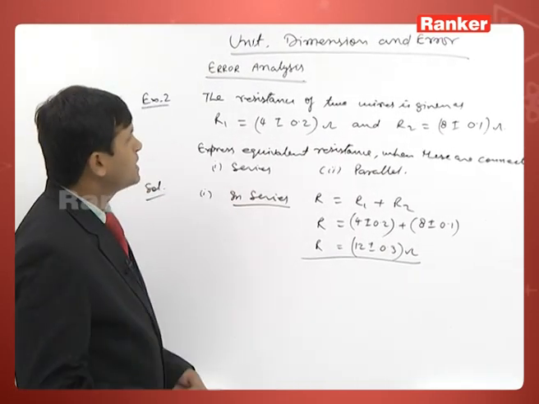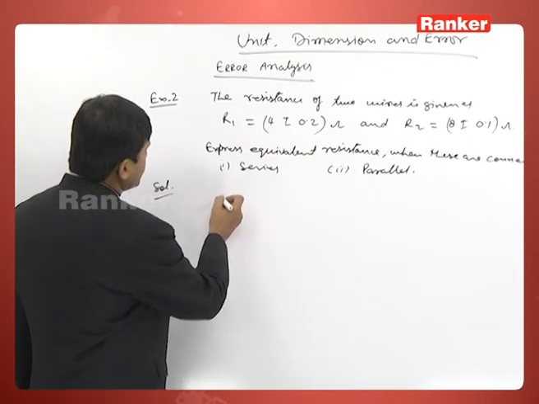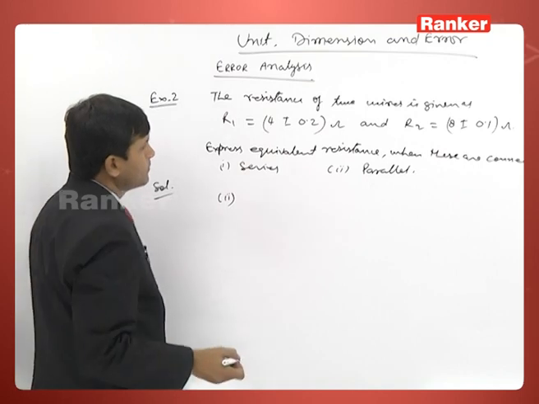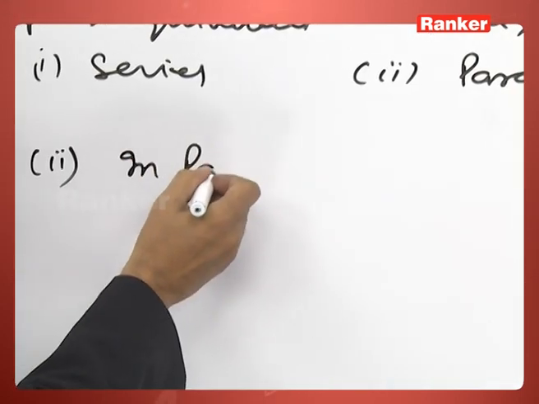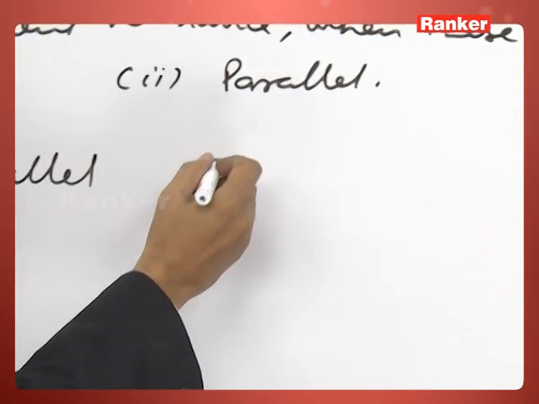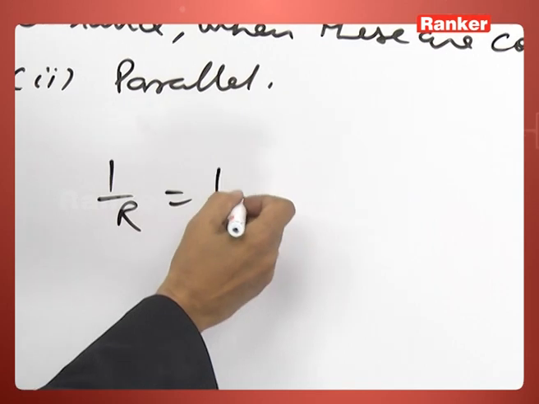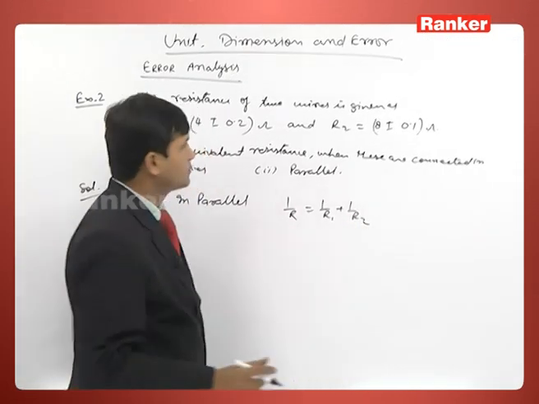Now come to the case of parallel. See, in the second part, when it is in parallel, as we know, 1 by R is 1 by R1 plus 1 by R2.